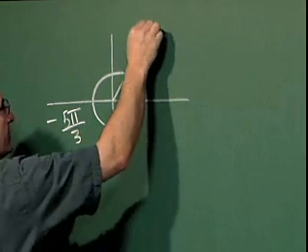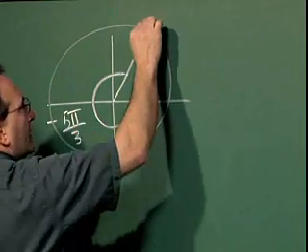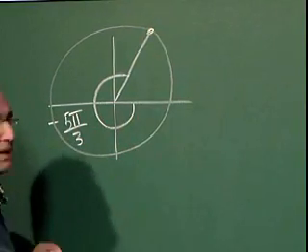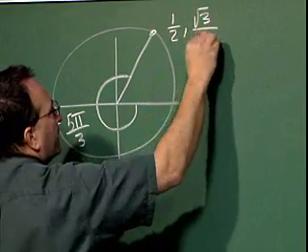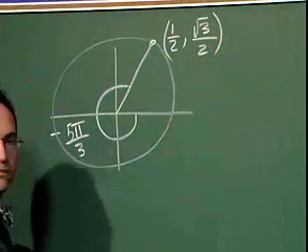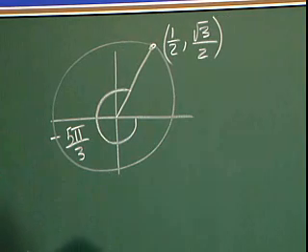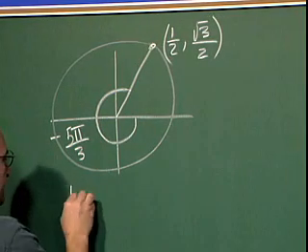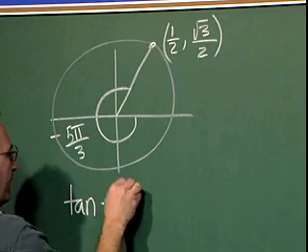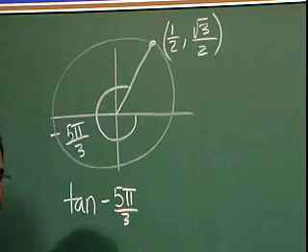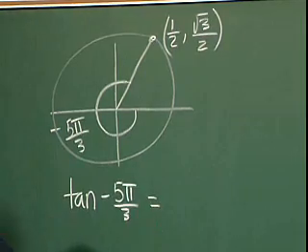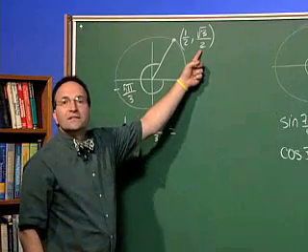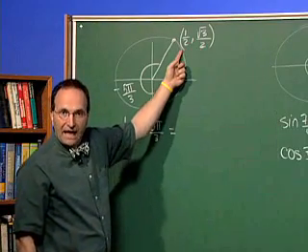So therefore, if I draw my unit circle, this point is going to be labeled 1/2 comma square root of 3 over 2. And therefore, if I want to find the tangent of negative 5 pi over 3, then that's going to be equal to the y value divided by the x value.